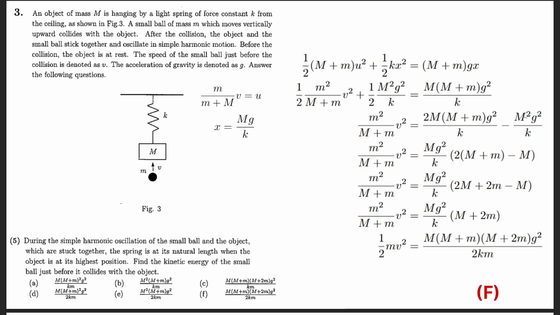And since we factor out m g squared over k, we are left with M. So it is 2 (M plus m) minus M. So we can multiply big M plus small m by 2, and we get 2 big M plus 2 small m minus big M. And 2 big M minus big M is M, plus 2 small m.